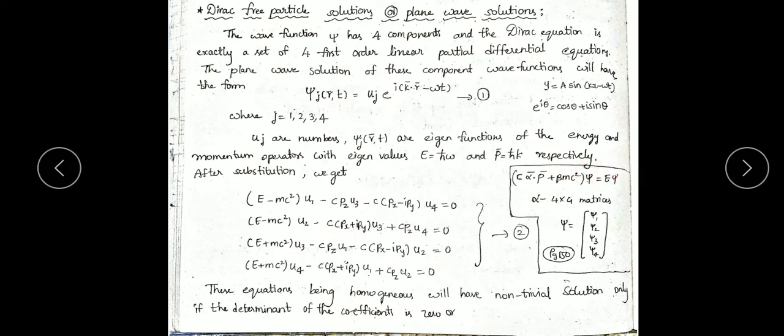If we take this equation, and in the place of alpha take the 4 by 4 Dirac matrices, and xi has components xi 1, xi 2, xi 3 and xi 4, the four components, then after doing those calculations we would get these four equations.